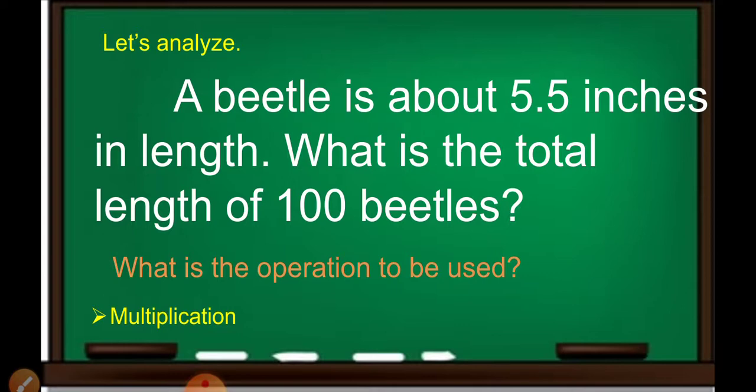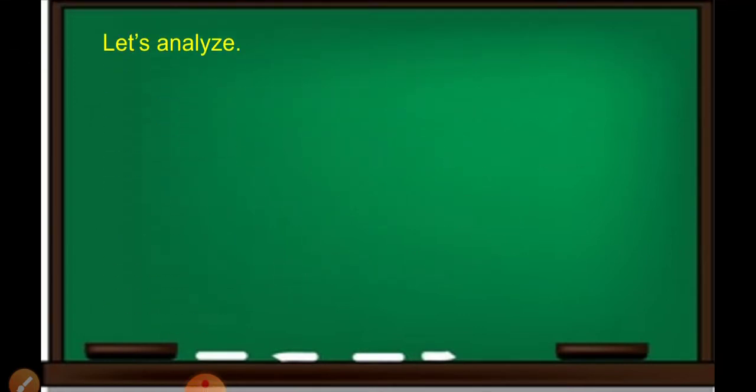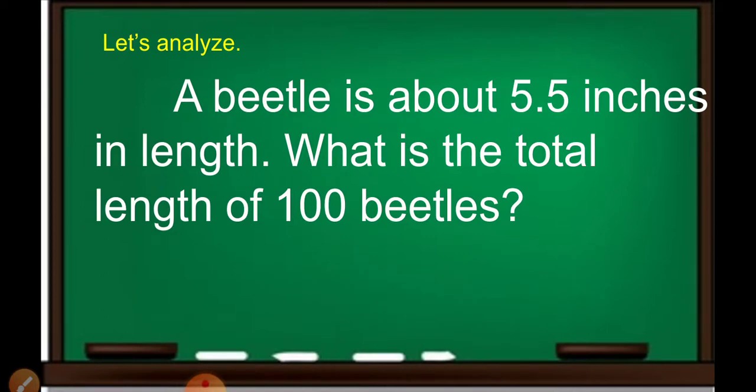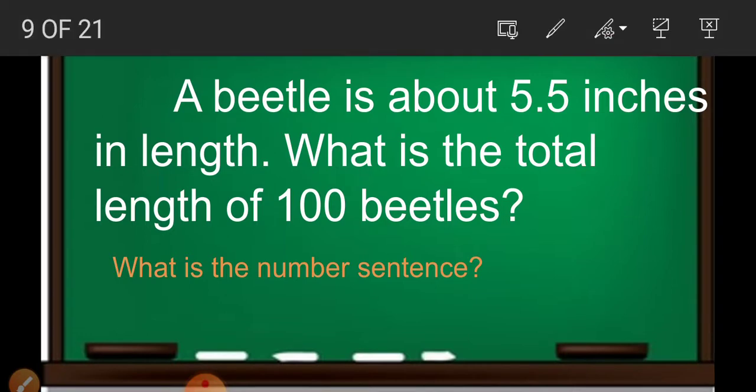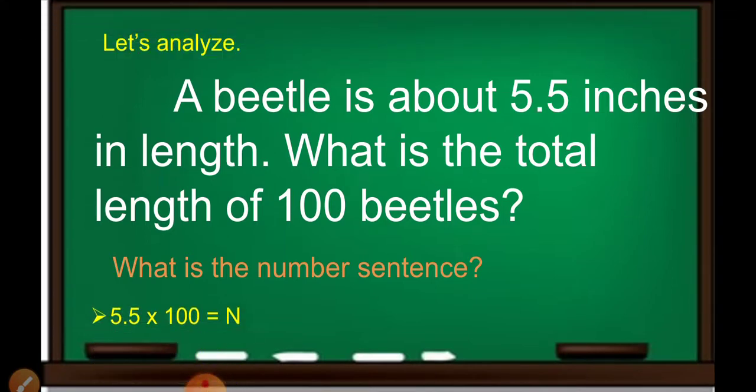So to get the length of 100 beetles, we will multiply 100 by 5.5. And what is the number sentence? The number sentence is 5.5 times 100 equals n.